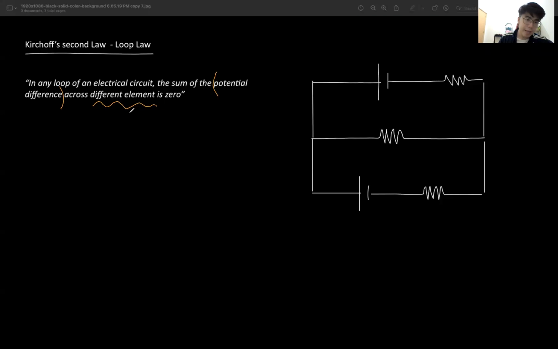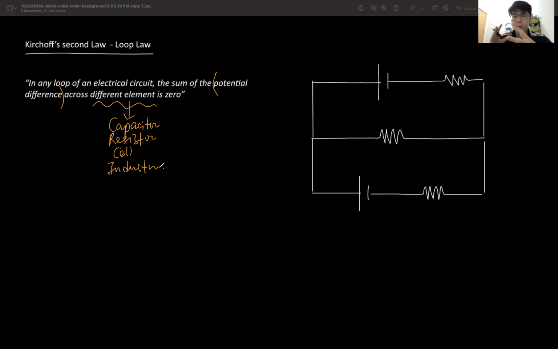Element, it can be any electrical component. It can be a capacitor, it can be a resistor, a cell, an inductor, okay, anything, any electrical component. So the loop law says that in any one loop, the sum of the potential difference is 0.